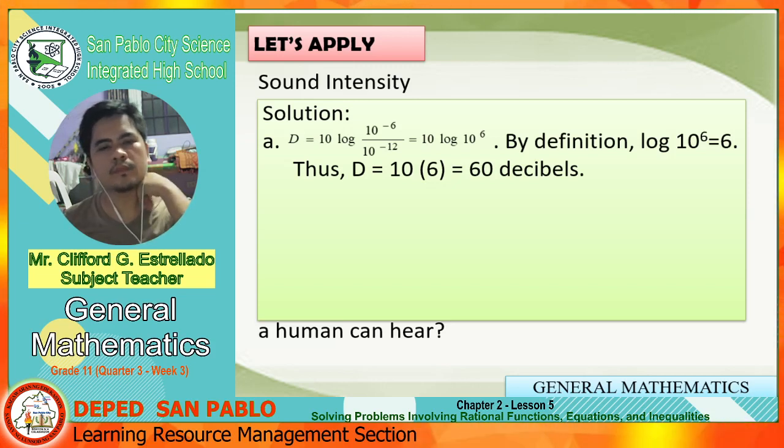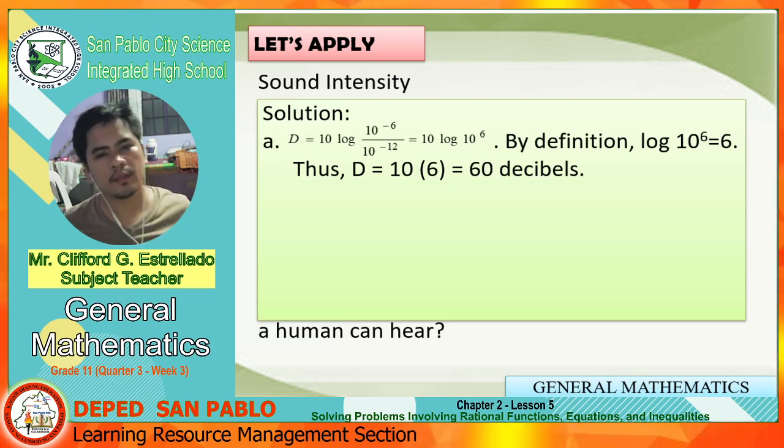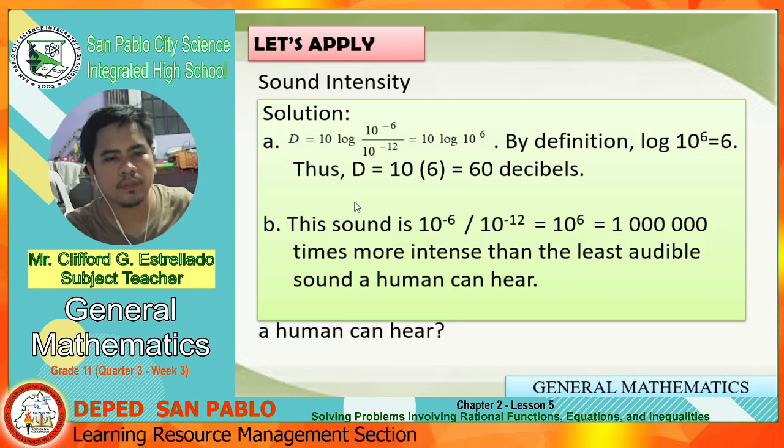Okay? Thus, D is equal to 10 times 6 is equal to 60 decibels. So, this sound is 10 raised to negative 6 over 10 raised to negative 12, or 10 raised to 6, equal to 1 million times more intense than the least audible sound a human can hear.